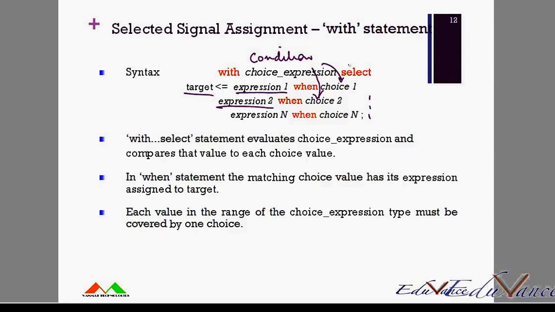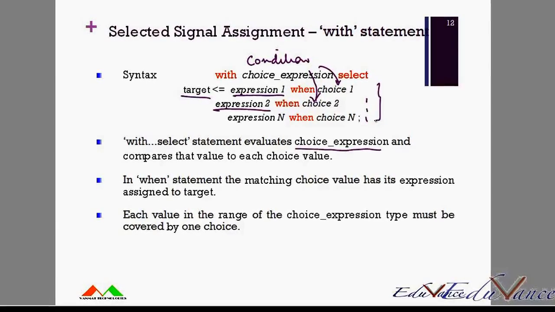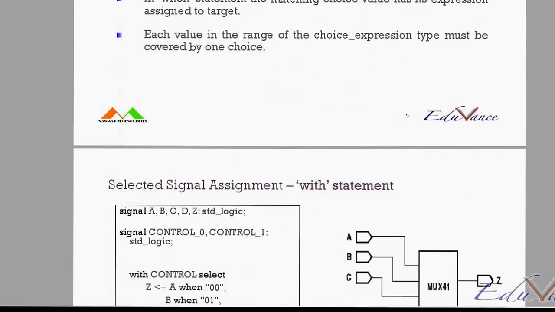So you first evaluate the choice expression or your condition, and then you compare that to each of these choice values. Compared to your when else statement, we will see what's the difference.